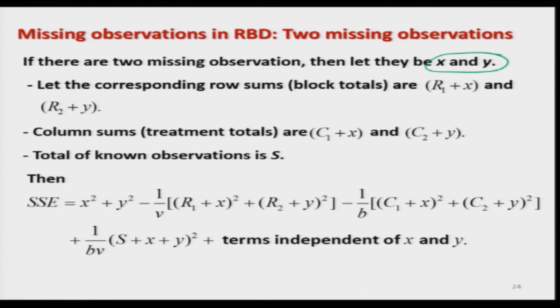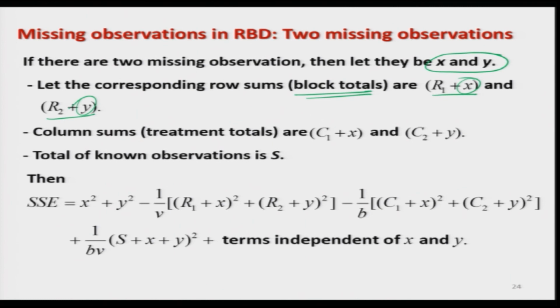First we write down the row sums, or block totals, say R1 plus x and R2 plus y. Once again, R1 is the sum of all those observations which are available in that row, and R2 is also the sum of those available observations, plus the missing values x and y.